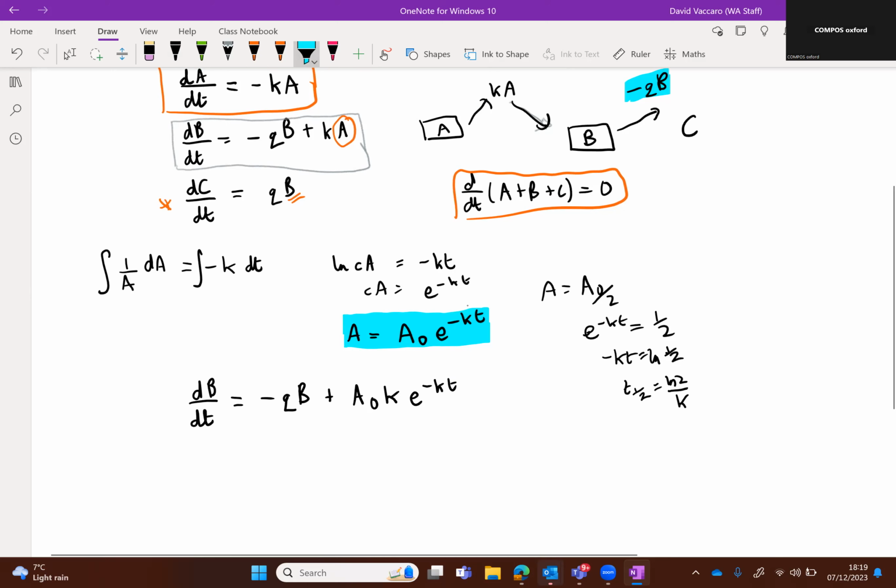All I've done is replace this A in my differential equation for dB by dt by the highlighted expression for A. So what I've written down is just an expression for minus QB plus KA.